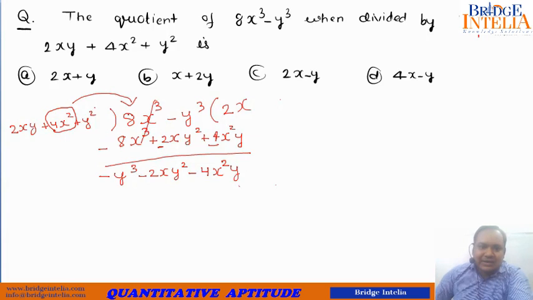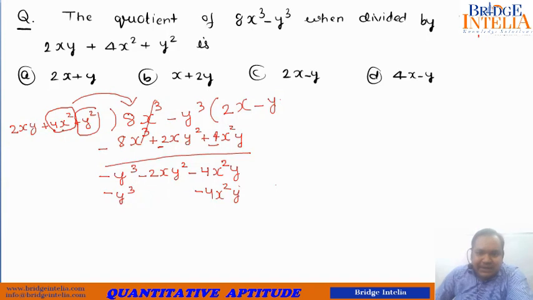Now look at the term. To produce minus y cube, you need to further multiply the entire expression by minus y. If you multiply the entire expression by minus y, you get minus y cube, minus 4x square y, and if you multiply this by y, you will get minus 2xy square.